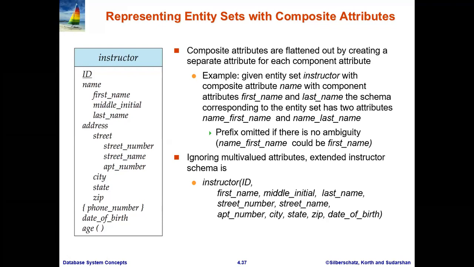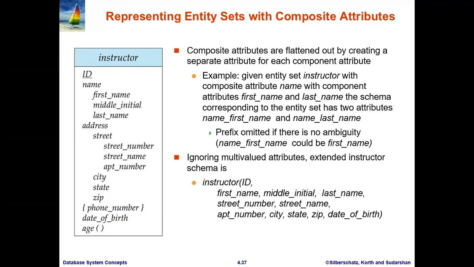So for example, given entity set instructor with composite attribute name with component attributes first_name, middle_name and last_name. The schema corresponding to the entity set has attributes name_first_name and name_last_name.